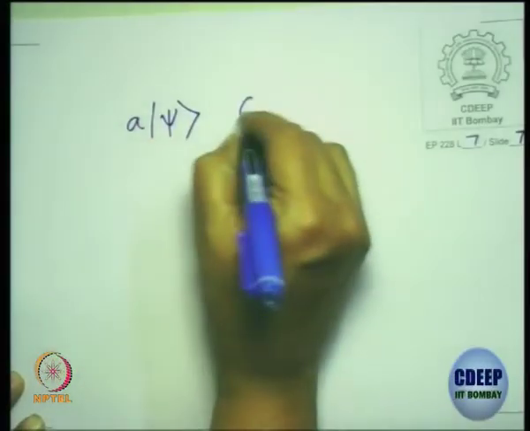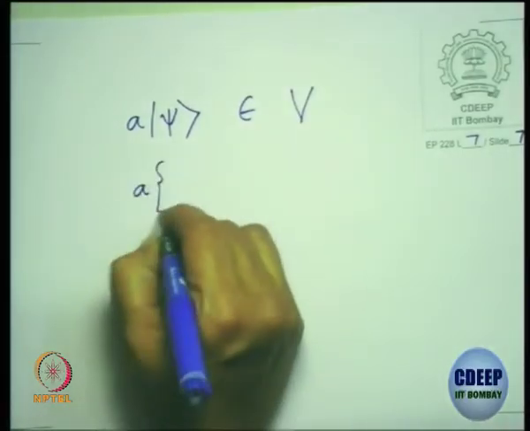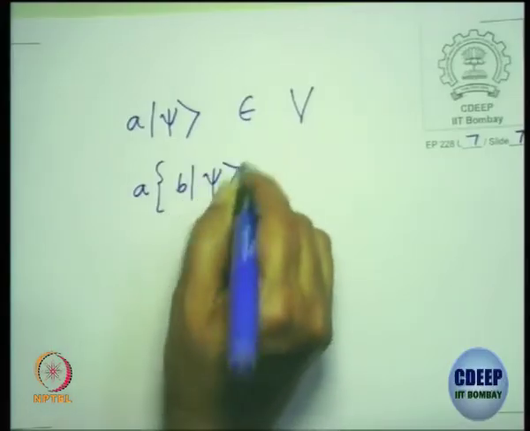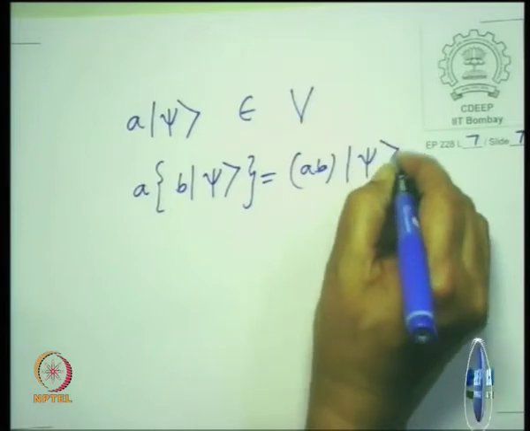So how do we define? There is also the scalar multiplying, which I didn't write, but you can put it in. So if you have a scalar on psi, this is also an element of the vector space, and you will have A and then you have a B on psi. This will be AB multiplying on psi.